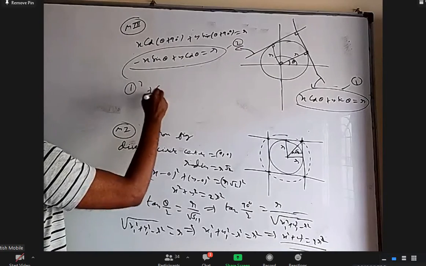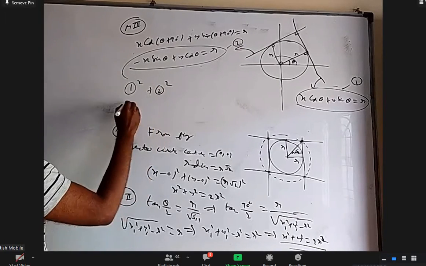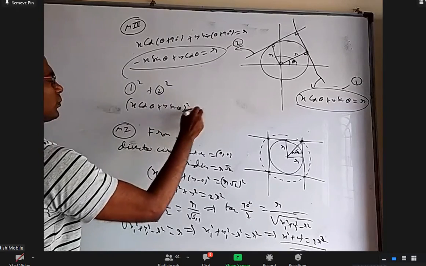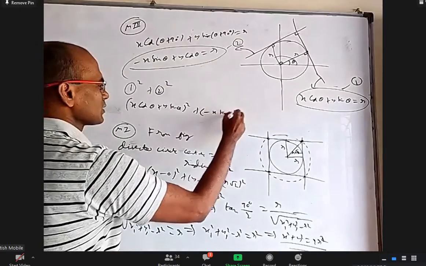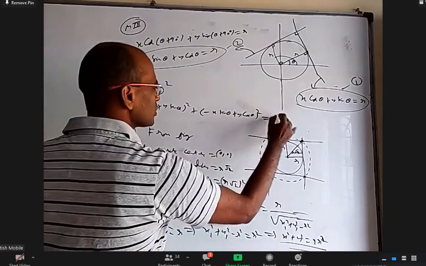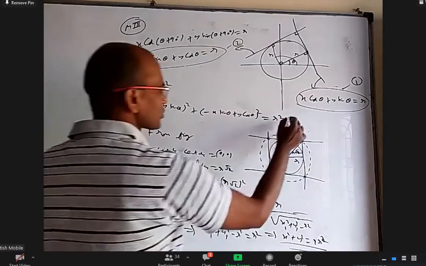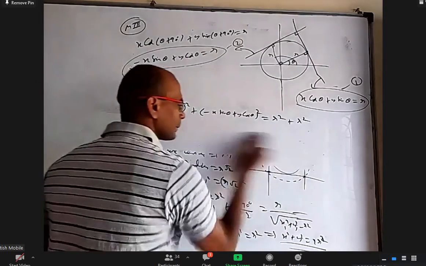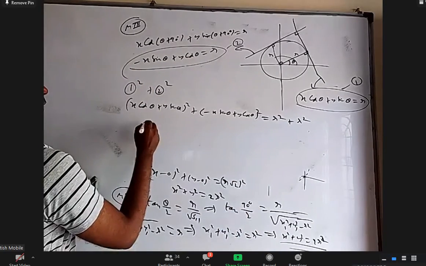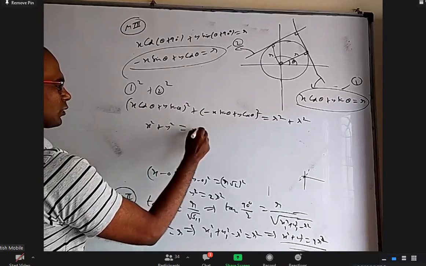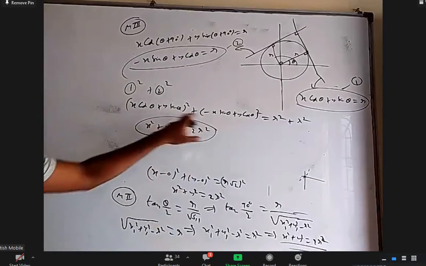Equation 1 squared plus equation 2 squared. You will get (x cos theta + y sin theta)² + (−x sin theta + y cos theta)² = r² + r². To expand it, you will get x² + y² = 2r², because cos² + sin² is 1.